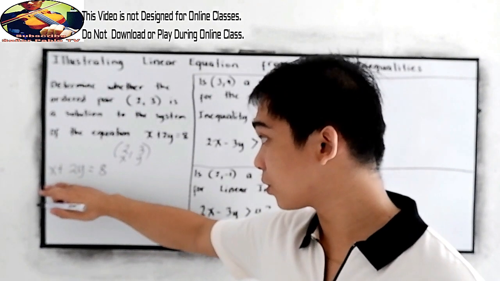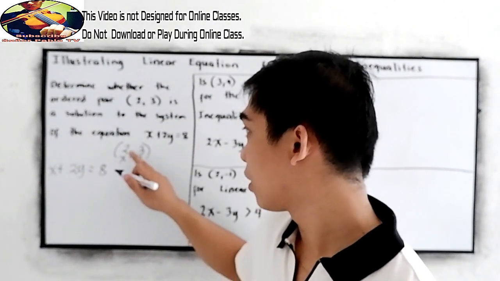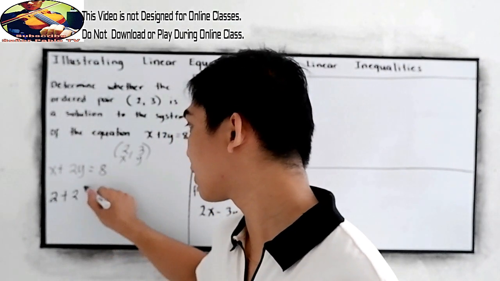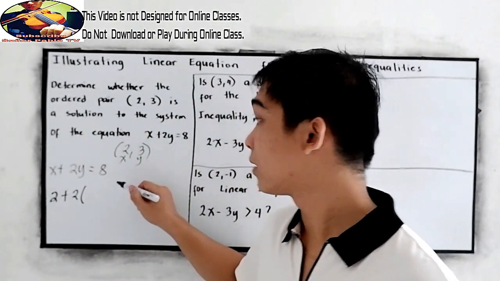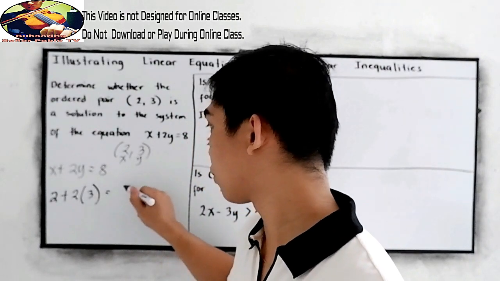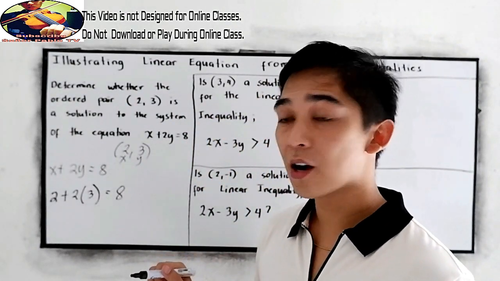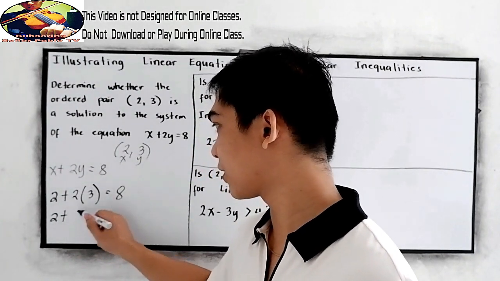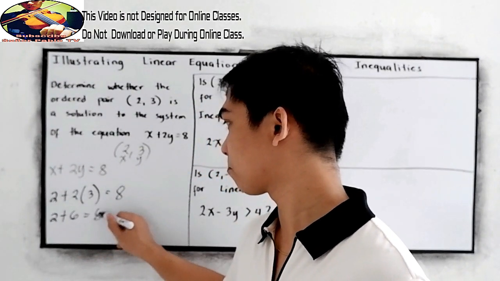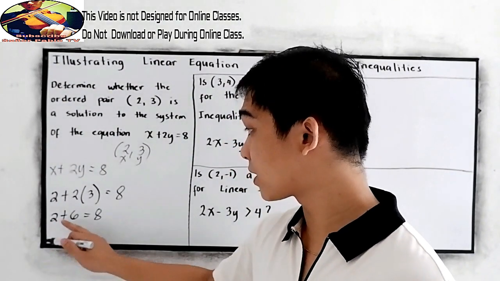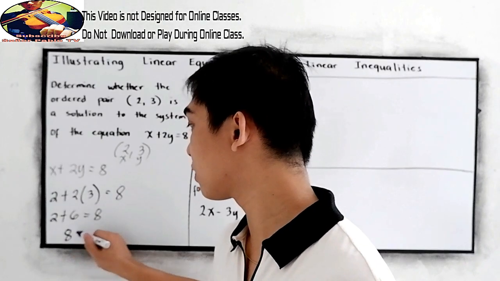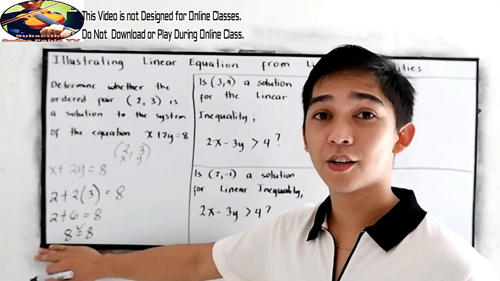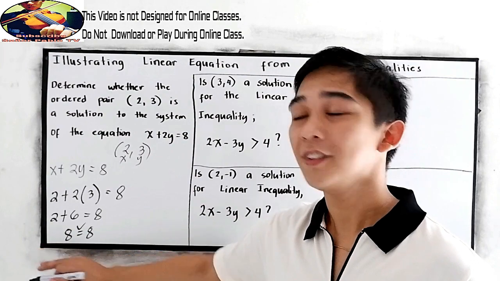Now we need to substitute in our equation. So our x is 2, plus 2 times our y is 3, is equal to 8. Now, simplify the left side of the equation. 2 plus 2 times 3, this is 6. 2 plus 6 is equal to 8. 8 is equal to 8. This is true.